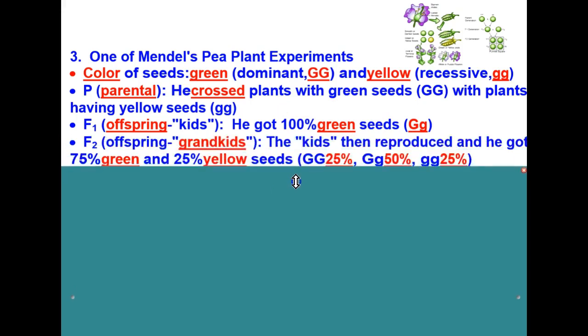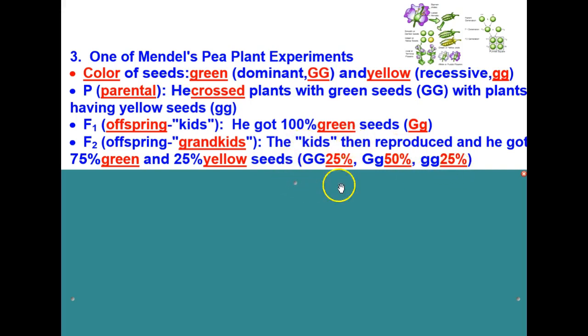The F2 offspring, the grandkids, would be the crossing of the big G, little g plant with another big G, little g plant. And so the filial 2 generation, the kids then reproduced, and he got 75% green and 25% yellow seeds. We'll show how to do this a little later, but 25% of them were homozygous dominant, 50% of them were heterozygous dominant, and 25% of them were homozygous recessive.